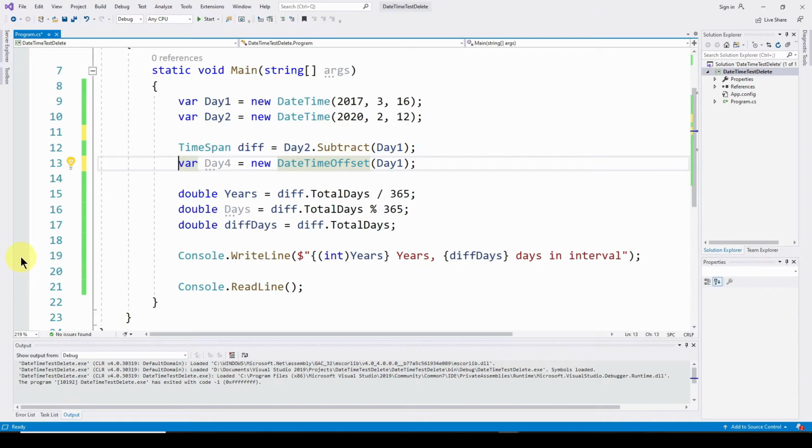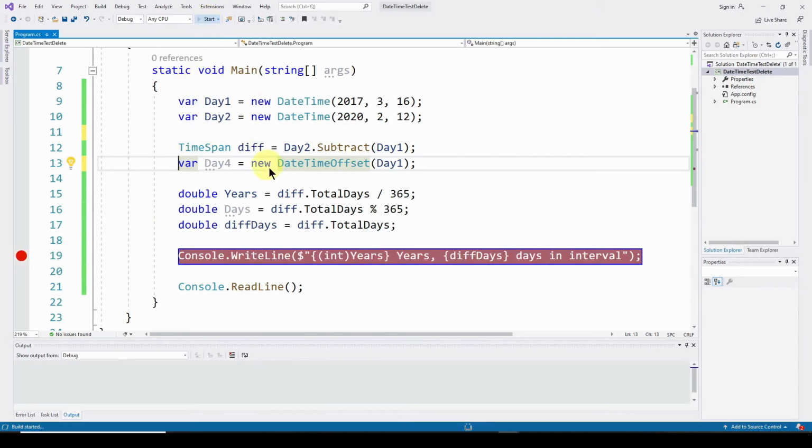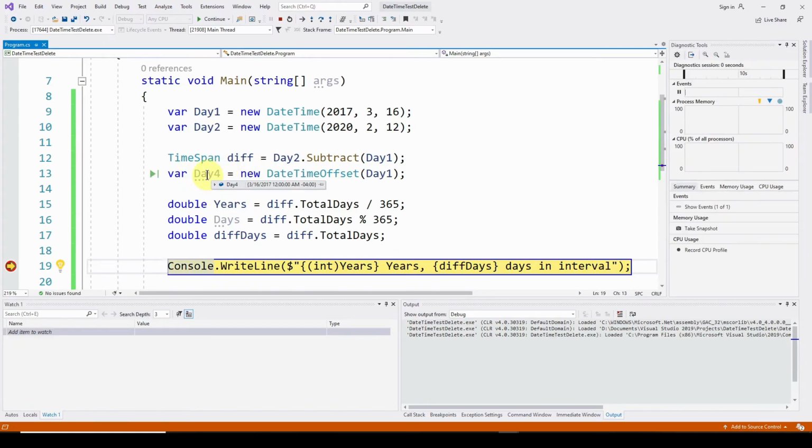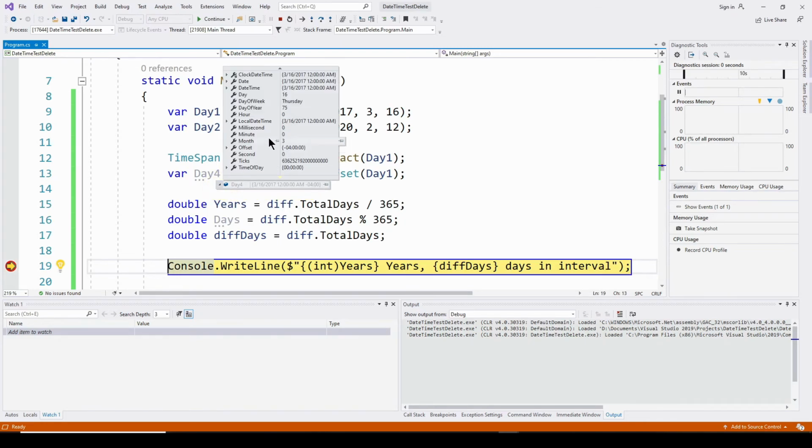So I will run up to the breakpoint, and here you can see my day 4, which is the DateTimeOffset for my day 1, and it says March 16, 2017 at 12 a.m. It's 4 hours difference from UTC. If I do a drop down, you can see I've got all of this information.